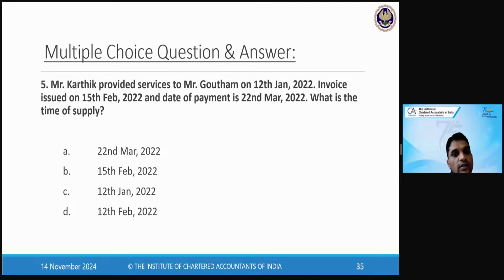Correct. So invoice is raised after 30 days. So it is late. So time of supply will be provision of service or receipt of payment, whichever is earlier, which is 12th of Jan.